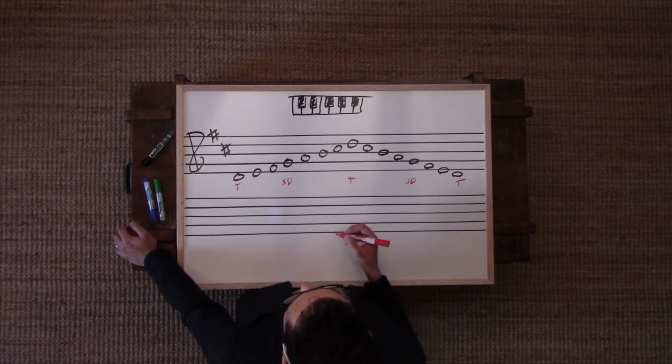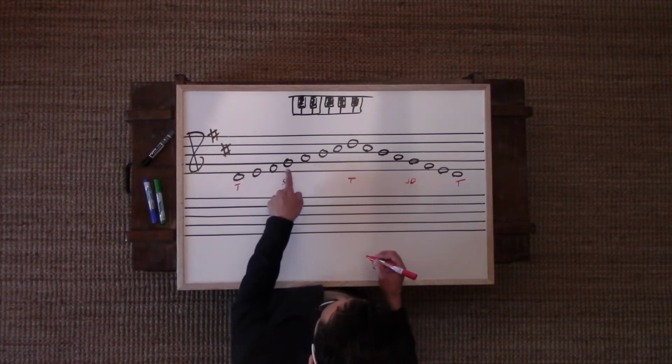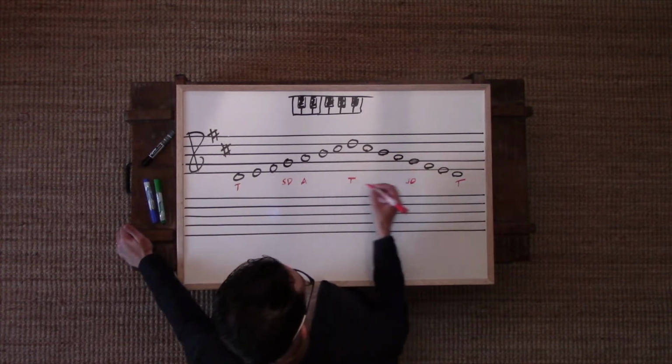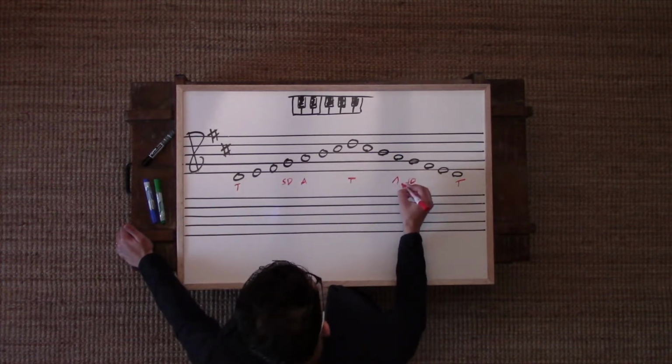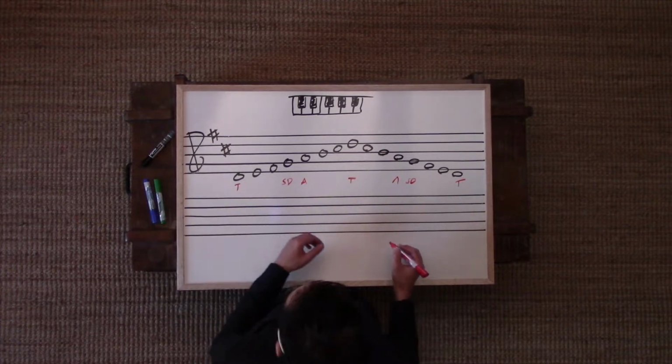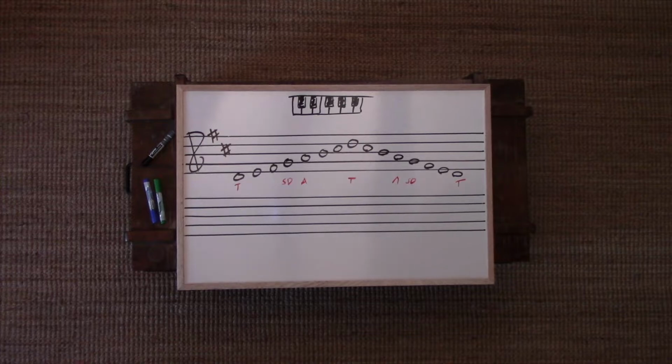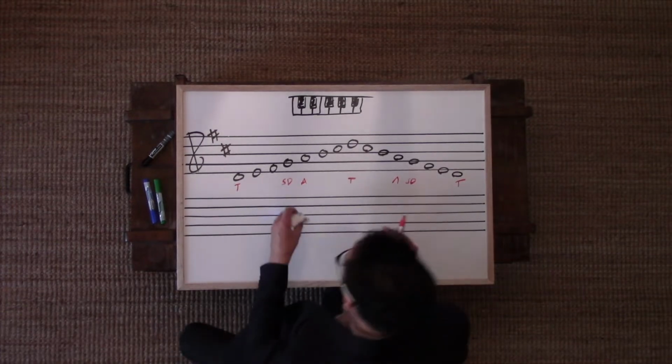Now we'll find the dominant, scale degree 5. 1, 2, 3, 4, 5. In this case, A is the dominant of a D major scale. I wonder why I'm writing the letter A. My fault.